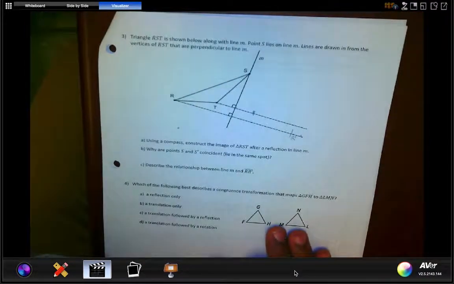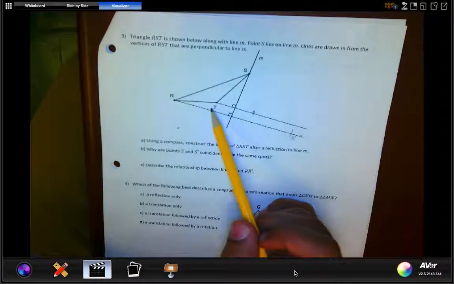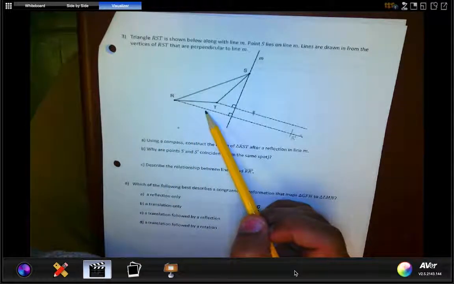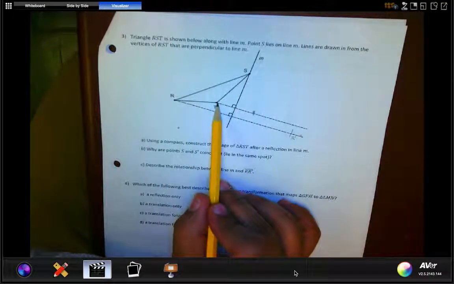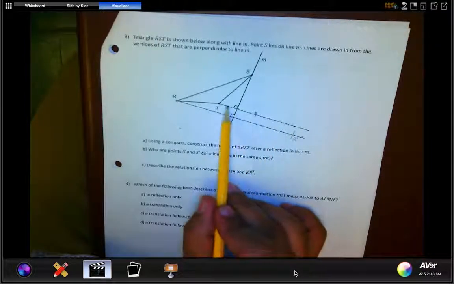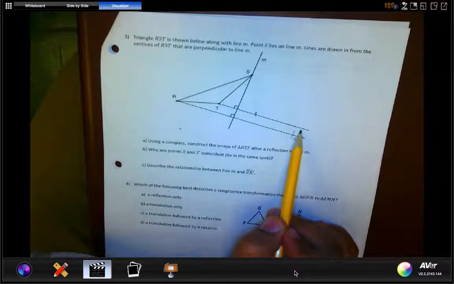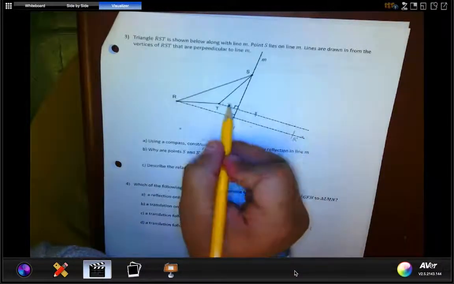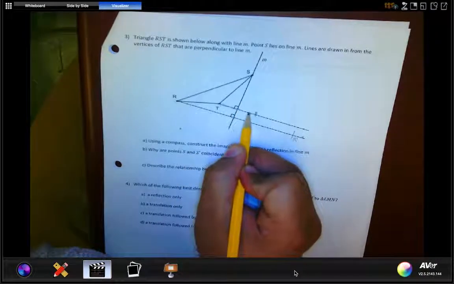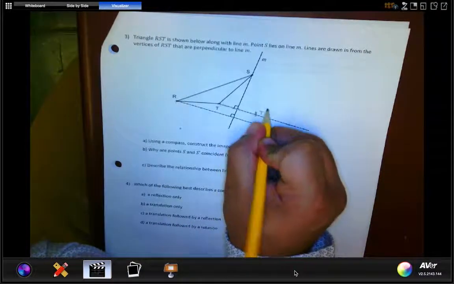In this question, I'm supposed to reflect triangle RST. Well, luckily they already gave us the perpendicular bisector. So all we have to do is find the same distance. The distance that is here has to also be here. And so this is called T prime.